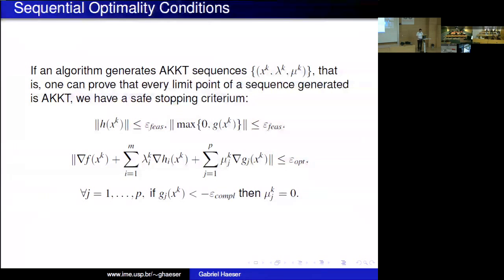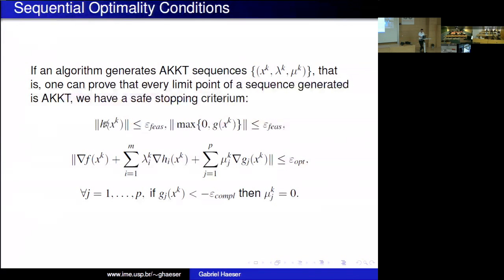So the idea is that an algorithm will generate these sequences, and you will use this condition to stop the algorithm. To stop the algorithm, you should choose this value epsilon k. There is a value epsilon k associated to feasibility. You can choose, for example, 10 to the minus 8.